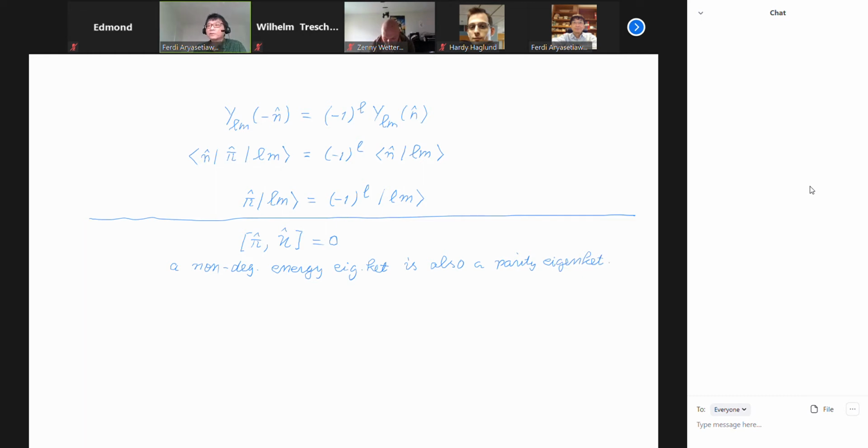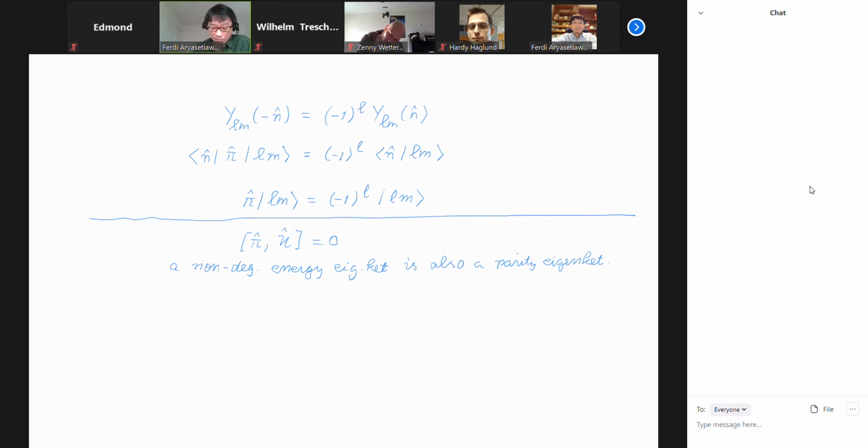Now, of course, if pi commutes with H, then we can always construct simultaneous eigenkets of both H and pi. But specifically, if the state is non-degenerate, then it must be a parity eigenket.